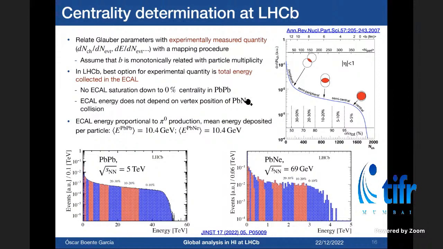And as I said before, in fixed target, the vertex position is spread all over the VELO. So basically, the energy of the ECAL is proportional to the number of produced particles, because it's proportional to the number of pi zeros. And we extract from data this quantity, the mean energy deposited per particle, to get a distribution like this. And this is what you have here for lead and for lead neon.